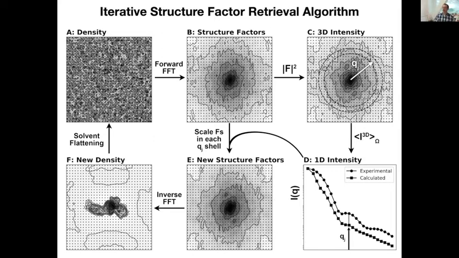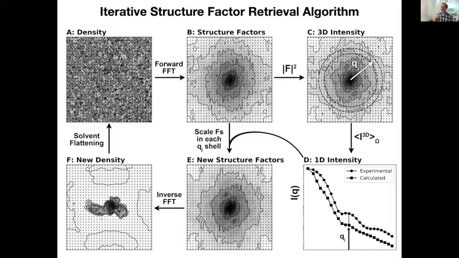And this gives us a new set of structure factors whose 3D intensities now have a spherical average that matches our scattering profile. Now, the problem with this is that we get a set of structure factors that agrees with our data, but that doesn't necessarily mean it's correct. It just means it agrees with our data, right? So what we do is we calculate the inverse Fourier transform to bring us back into real space.